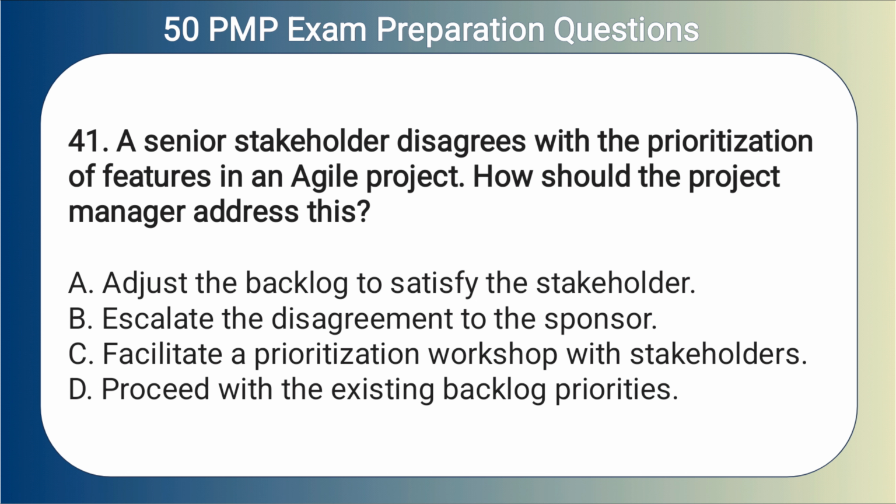41. A senior stakeholder disagrees with the prioritization of features in an Agile project. How should the project manager address this? A. Adjust the backlog to satisfy the stakeholder. B. Escalate the disagreement to the sponsor. C. Facilitate a prioritization workshop with stakeholders.